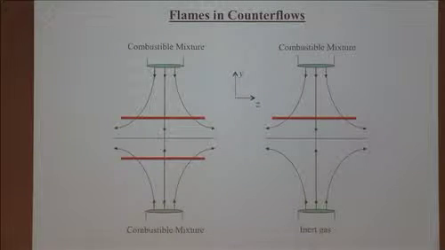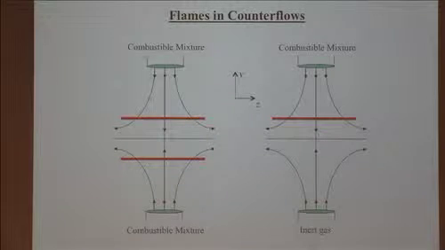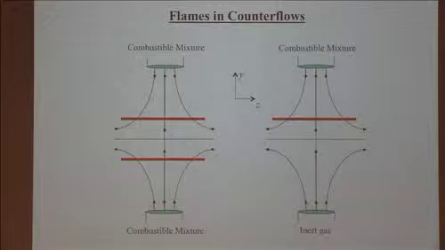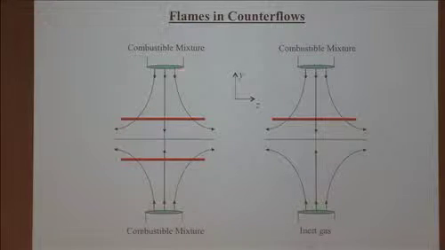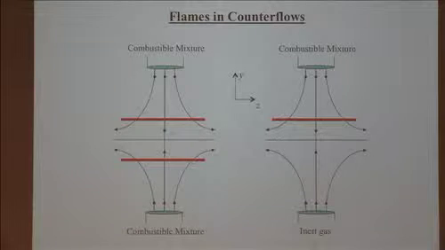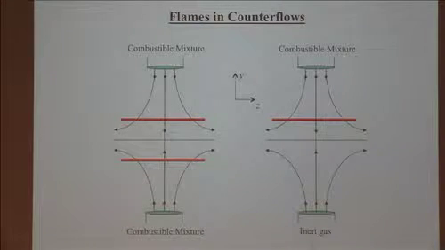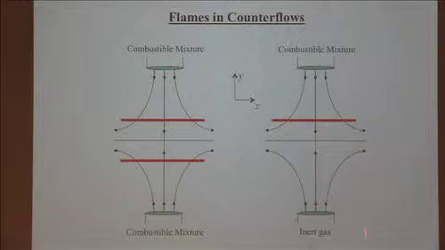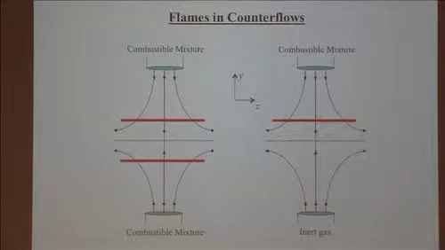If they are not aligned, the problem is that the flow is not exactly as described here. They must be aligned to each other and at, let's say, some distance from each other. And you can either provide combustible mixture, the same mixture in both burners, or a mixture from one end and an inert gas from the other.